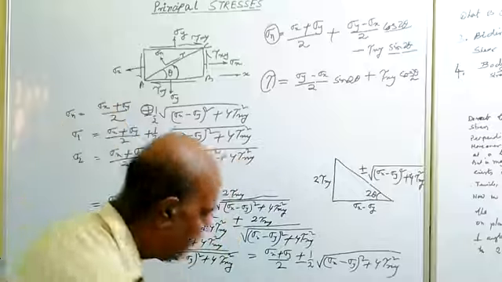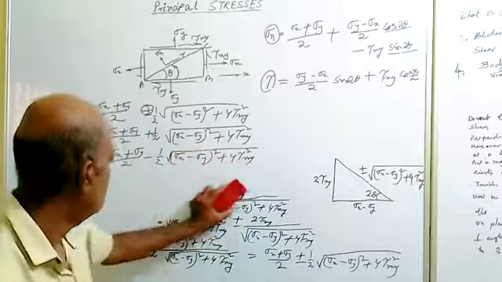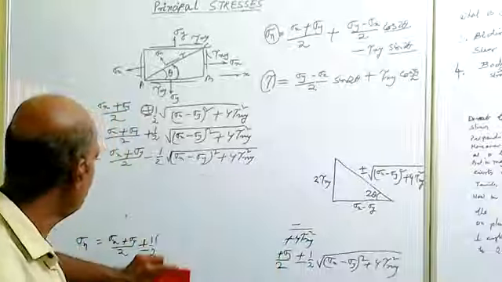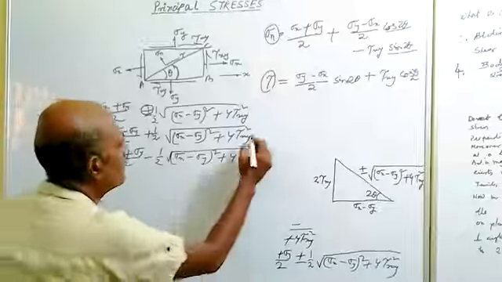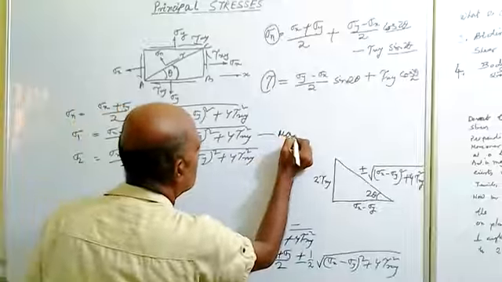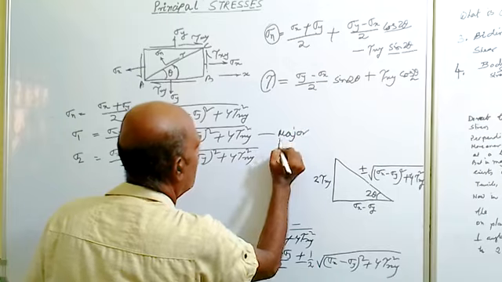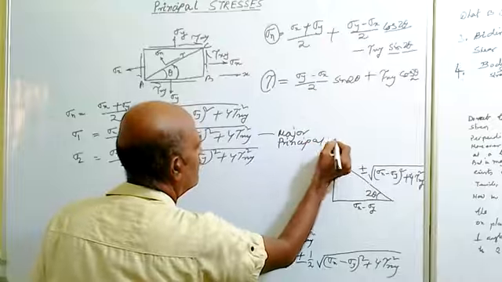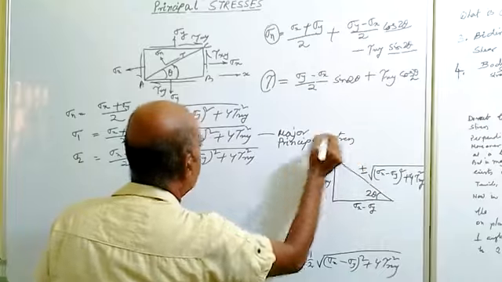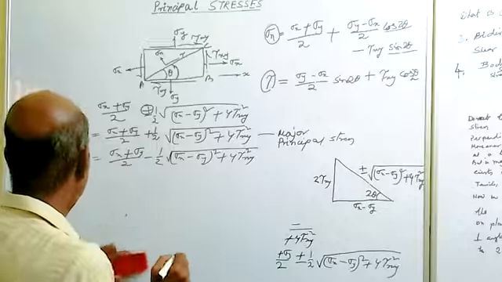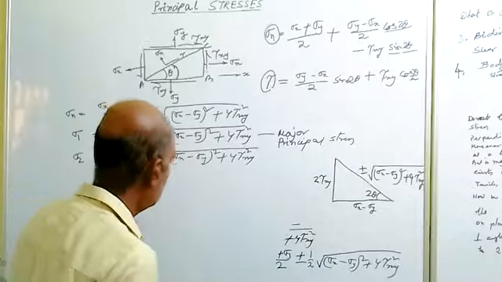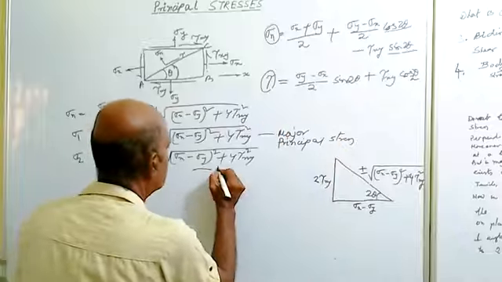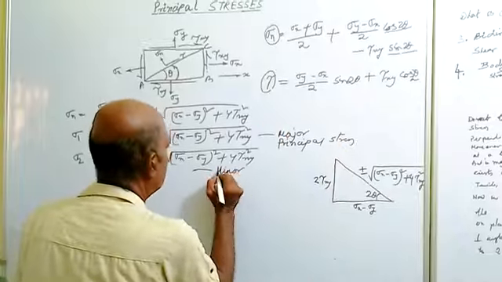So we have got two values of sigma, that is normal stress. So we have got two normal stresses. One is having the maximum value, that is termed as major principal stress, and another one which will have less value or lower value, and that will be termed as minor principal stress.